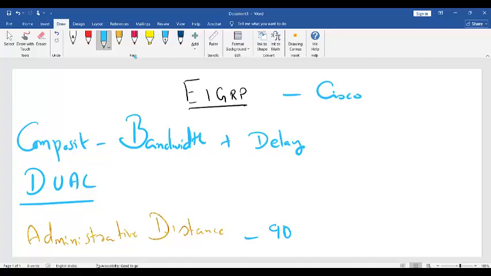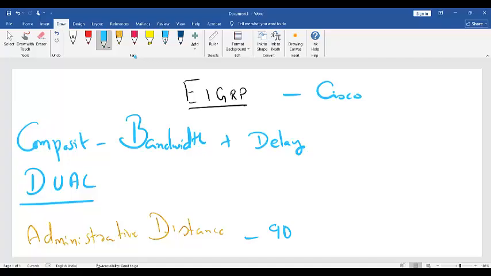Okay, now next is EIGRP. It is a classless routing protocol, as we already know. The older version of EIGRP is IGRP. It is no longer seen in today's routers. The classful version of the Cisco protocol is no more.